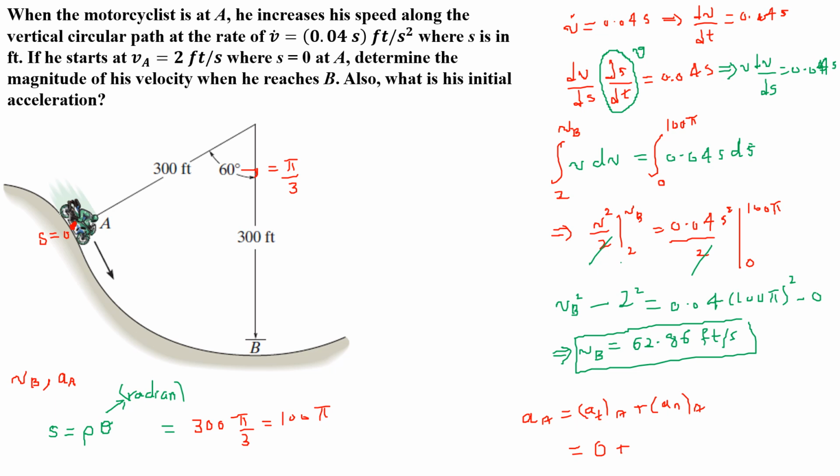Plus a_n is v squared at point A over rho, and v at A is given to be 2, so we have 2 squared over 300. If you do this, the answer is 0.0133 feet per second squared, and this is the initial acceleration.